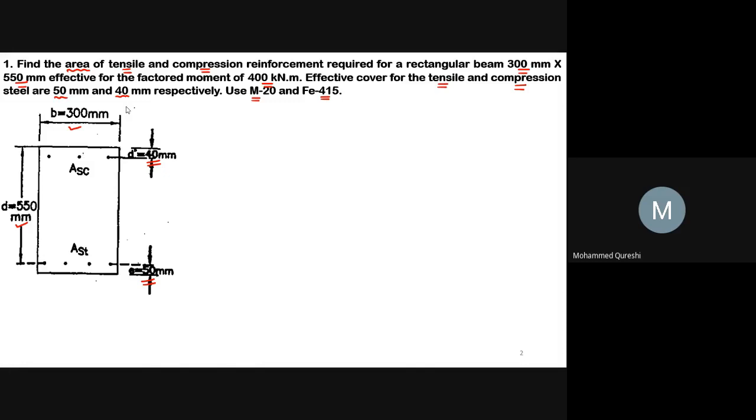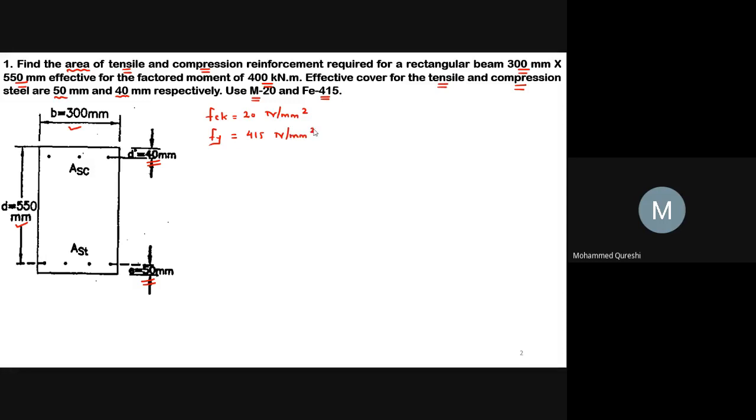Now we will go for the given data. Here fck is given as 20 Newton per mm square. fy is given as 415 Newton per mm square.